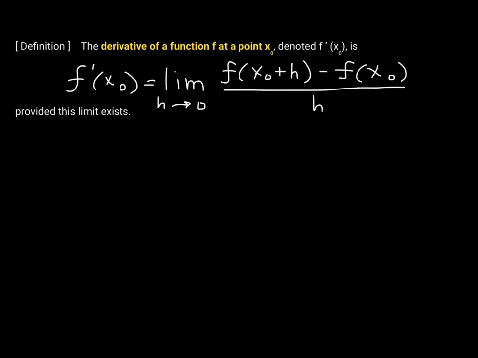But it's also the instantaneous rate of change with respect to x at a particular point. So just remember that it's the slope of the tangent line at a point, and also the instantaneous rate of change. All right, very good.